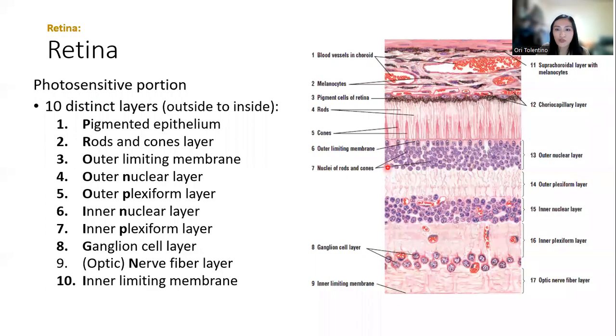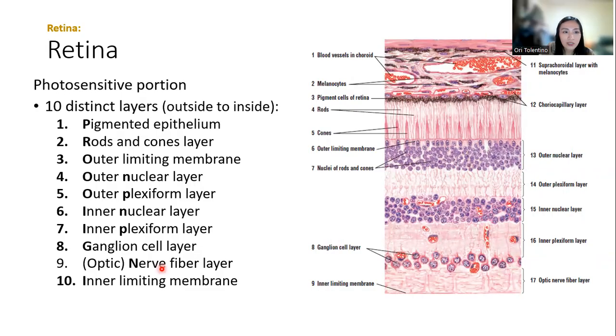From outer to inner, meaning from your sclera and choroid to the innermost retina, we have the pigmented epithelium, the rods and cones layer, the outer limiting membrane, this thin membrane right here, the outer nuclear layer, the outer plexiform layer, the inner nuclear layer, and the inner plexiform layer.